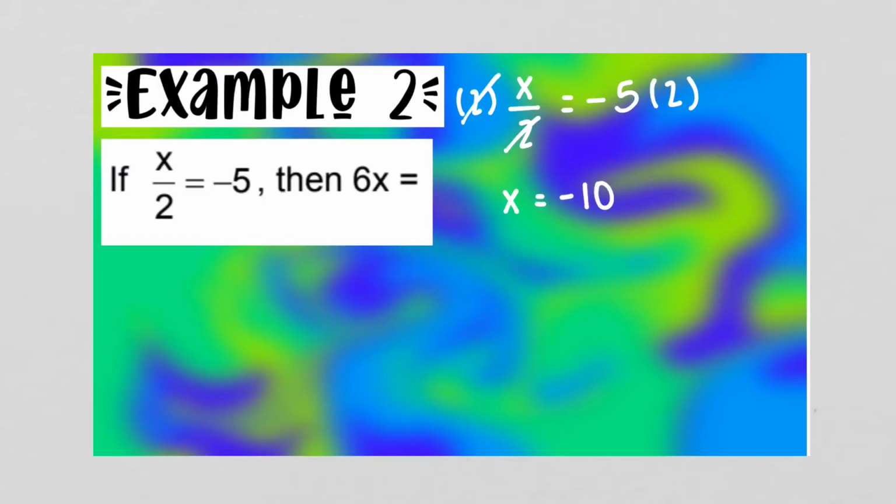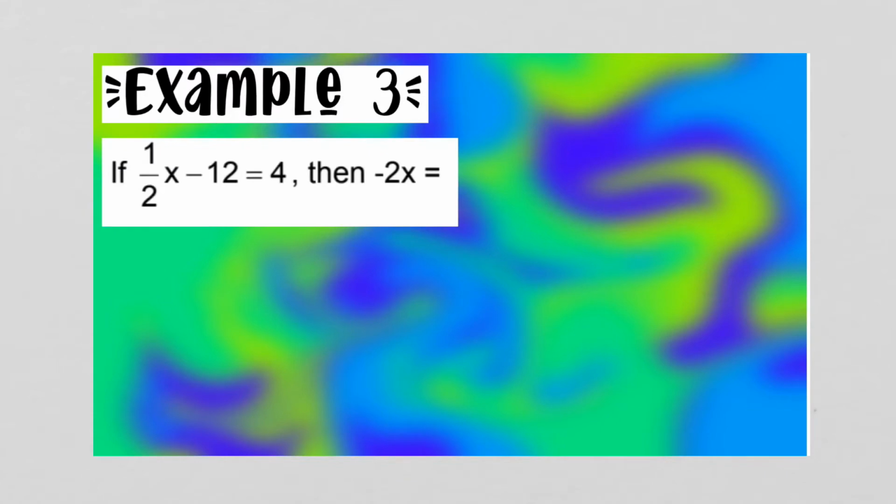So remember, we multiply both sides by the denominator's number. I now know what x is, so I can find out what 6x is equal to. I'm going to replace the x with our -10. So 6 times -10 gives me -60. So my answer for example 2 is -60.